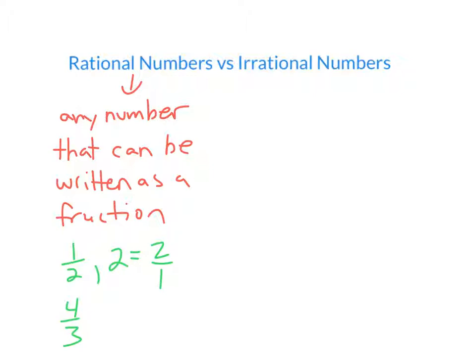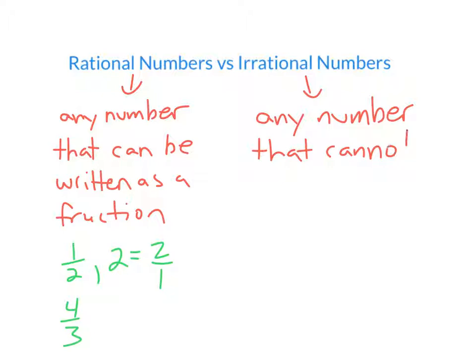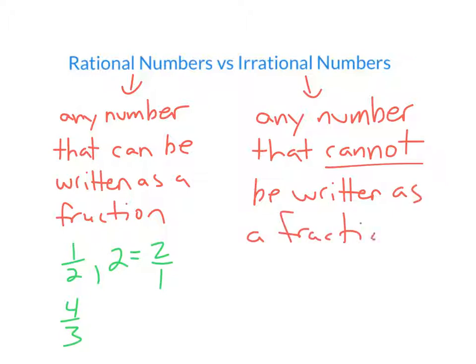An irrational number is any number that cannot be written as a fraction. And so that's a little bit harder to think about. And these are two separate things.